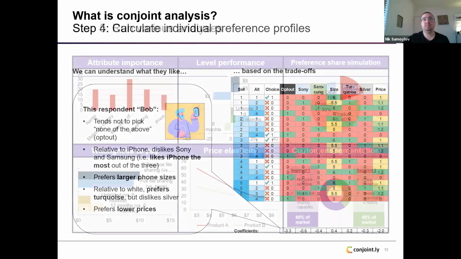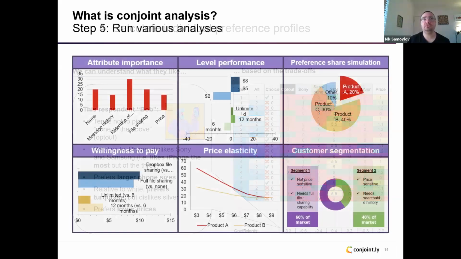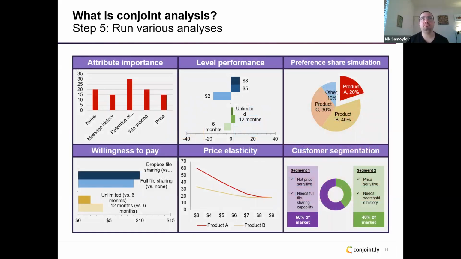But it doesn't stop here. We typically want to calculate several different types of analysis from conjoint, and this is why this method is so rich and useful. We can calculate the importance of different attributes to respondents, the preferences for levels. We can simulate preference shares. We can do an estimation of willingness to pay for different features, again, relative to some sort of benchmark.